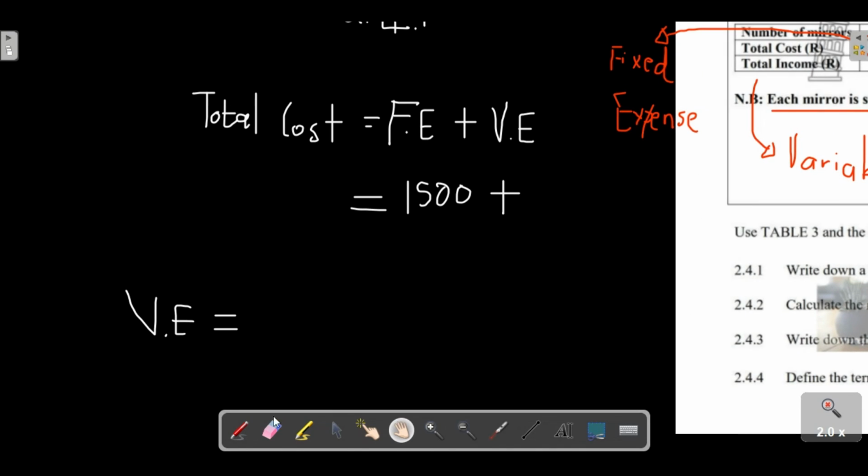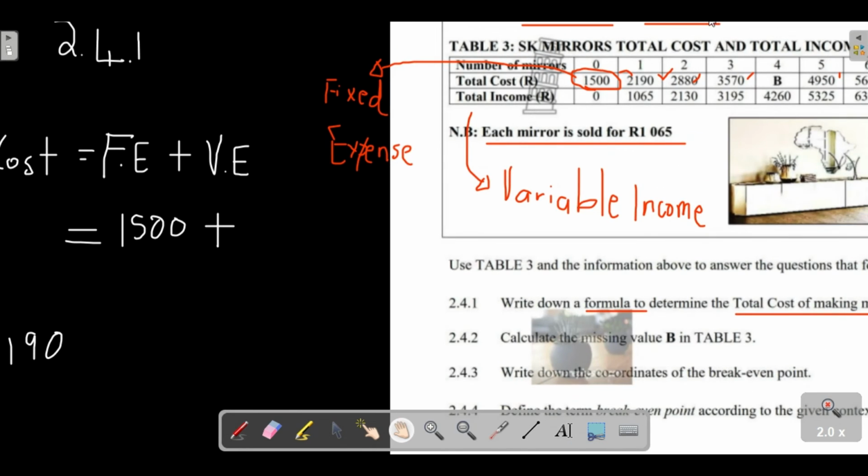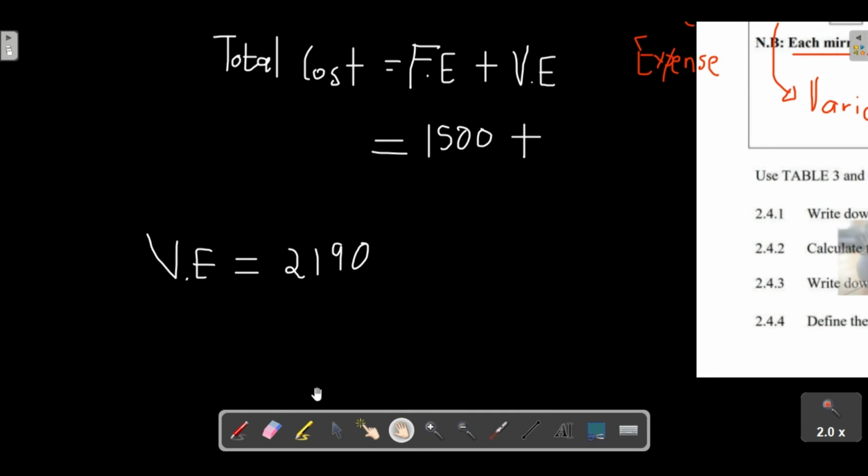So that means the cost to make one mirror, we first take that 2,190, and then we subtract 1,500 from it.